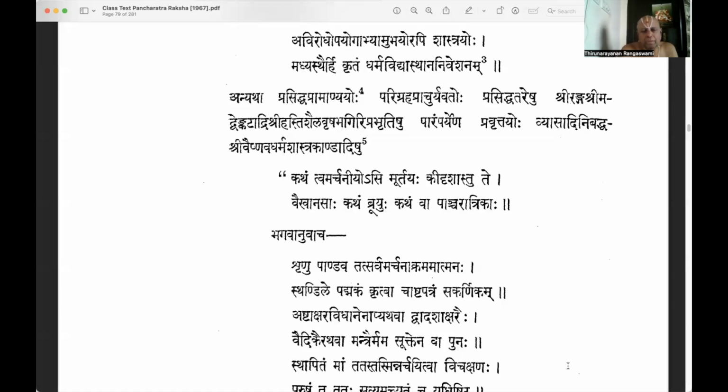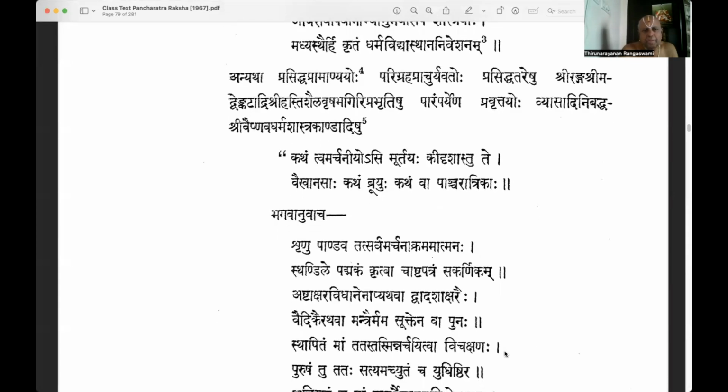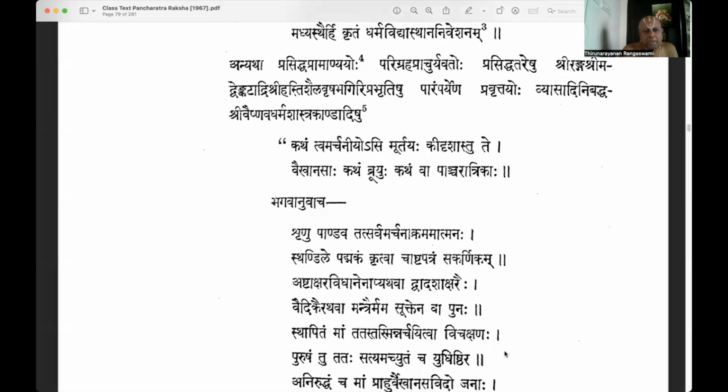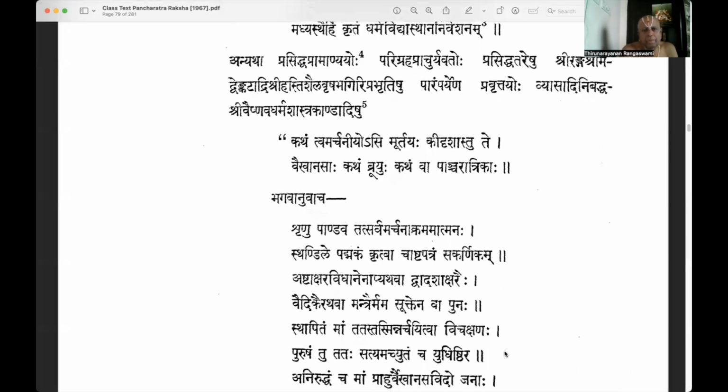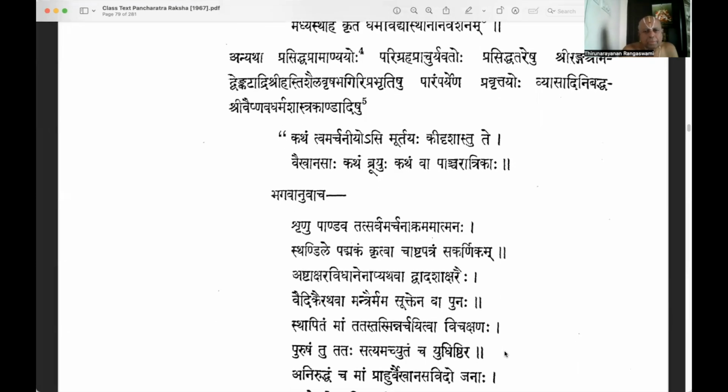So, when these temples are very important, Srirangam, Srimad Venkatadri, Srihastisailam, Kanchipuram, Vrishabhagiri. Vrishabhagiri is Tirupati again.